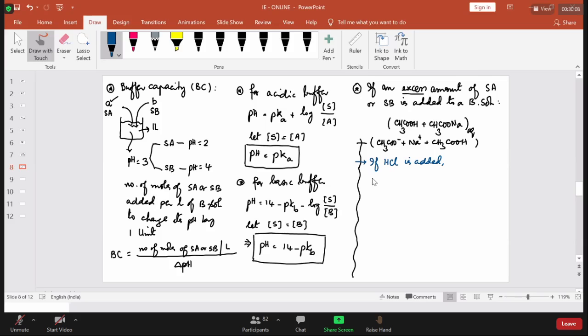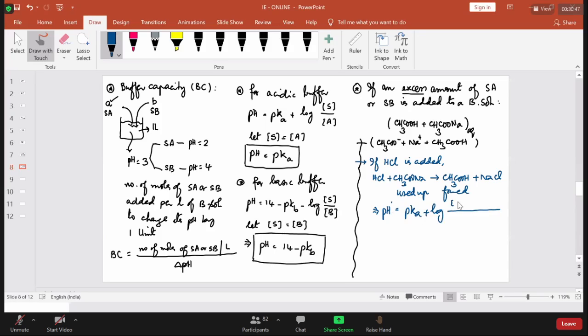Therefore, what happens? Now, the HCl molecule will react with CH3COONa so that there is a formation of acetic acid and NaCl. That means sodium acetate is used up, consumed, and acetic acid is formed. Therefore, the new pH is equal to pKa plus log of, what is the formula?